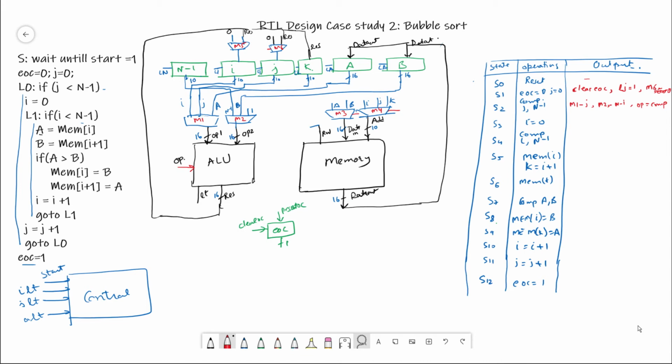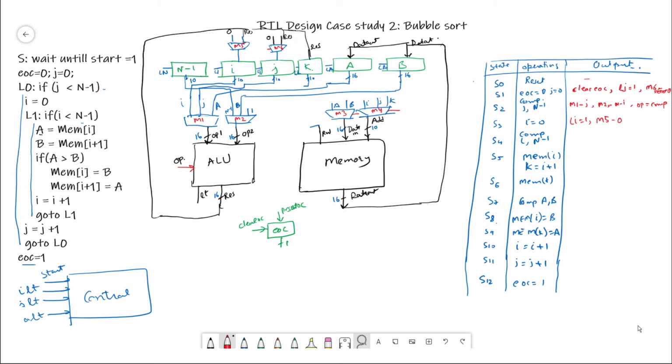Good. For S3, again we have to make the load of I equal to 1, and M5 needs to select 0.